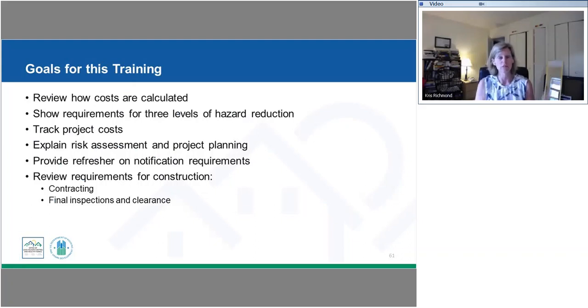Well, we're going to go through an example or two on how you figure that out. We're going to show you the requirements for those 3 different levels of hazard reduction. We're going to talk about how to track project costs. We're going to talk about risk assessments and project planning, get a little bit of a refresher on notification requirements, and then review contracting, final inspections, and clearance.